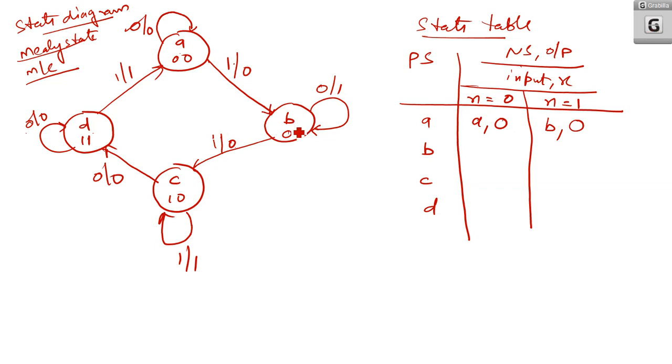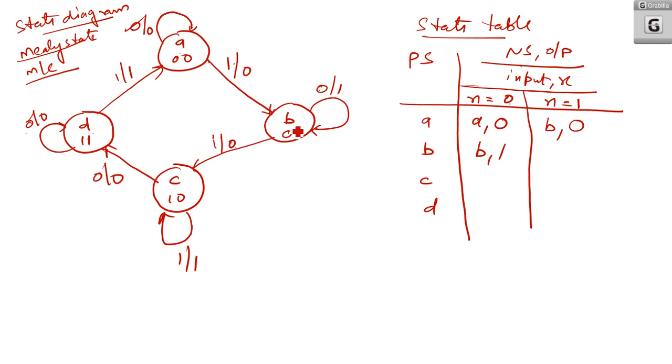Right. Now coming to node B. In the case of state B, if H is equal to 0, that is input is equal to 0, my output is 1. So here my input is 0, but my output is 1, and it is coming back to the previous state. That means next state is B with output 1.